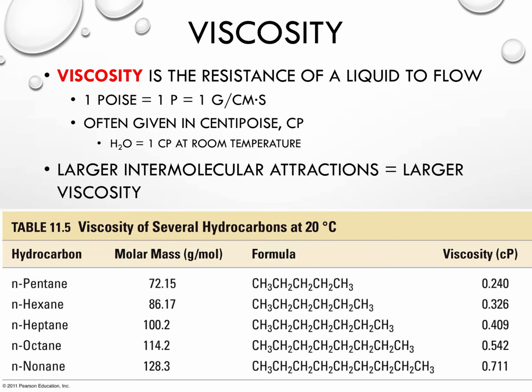So if we look at, all of these are straight chain hydrocarbons. Pentane, hexane, heptane, octane, nonane, right? So we're getting longer and longer straight chain hydrocarbons. So like we were talking about before, the longer our hydrocarbons, right, and we're increasing our molar mass, which we said usually corresponds to an increase in London dispersion forces, right?